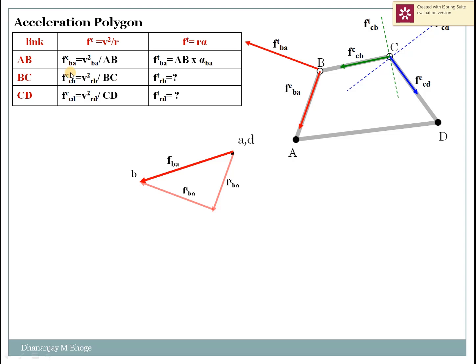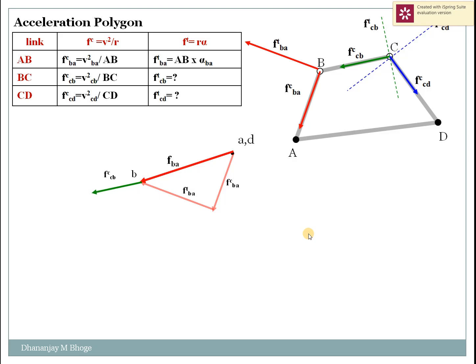Now for link BC, we'll plot this first component, centripetal acceleration of C relative to B, whose magnitude is known, V square upon BC, and its direction is like this. So we'll pick up this vector and place it at point B, and while placing we will see whether the known point B is the start point or end point. Now read this vector FCCB. B is the start point of the vector.